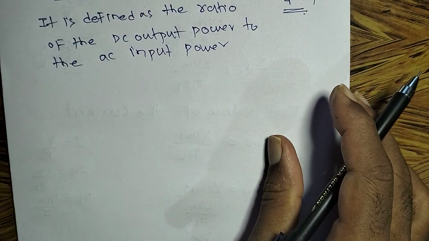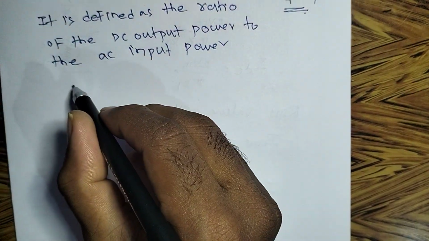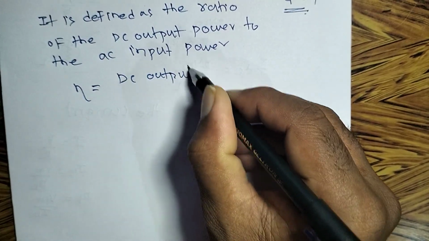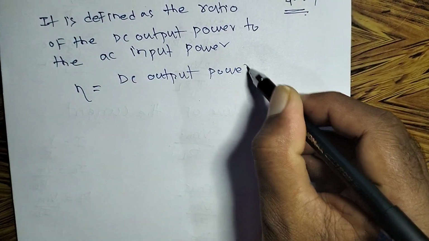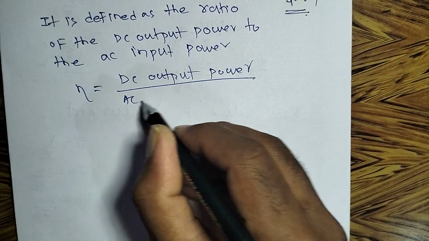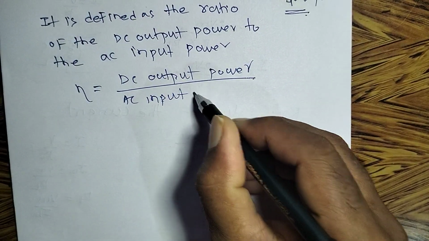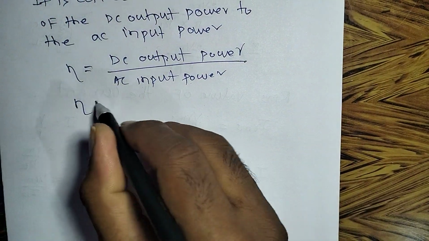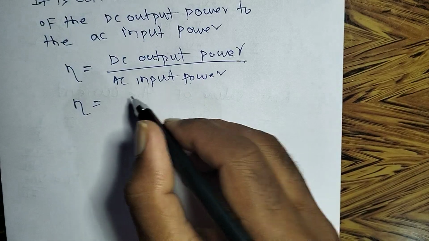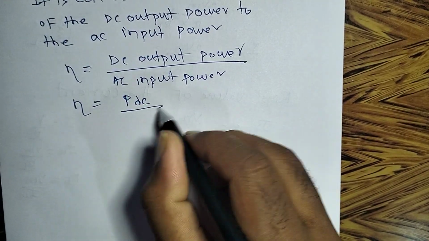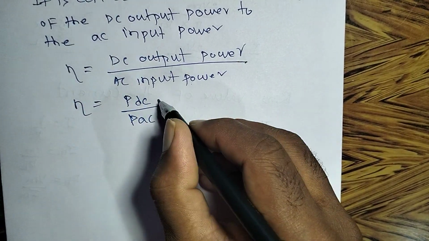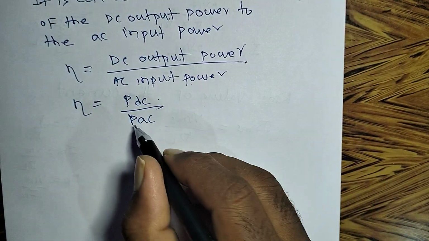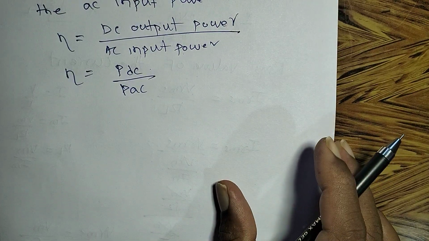That can be given as eta equal to DC output power upon AC input power. Now this can be written as PDC by PAC, where PDC is the DC output power and PAC is the AC input power. Okay, right. Now let's calculate.